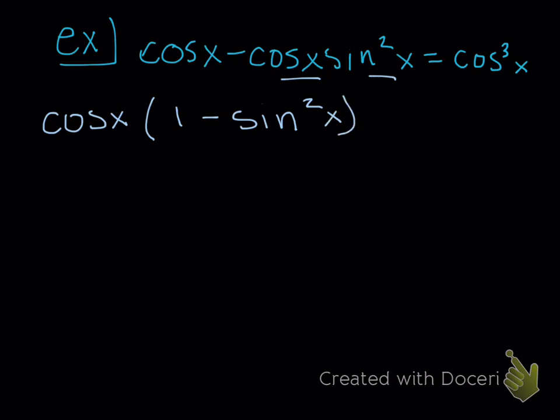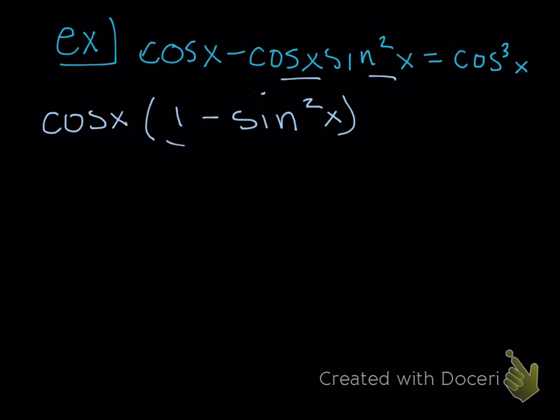And I want you to look back at the list of the identities that you copied down from the video yesterday and notice that the Pythagorean identity of sine squared plus cosine squared equals 1 can be manipulated. So when I subtract that sine squared over, and now I have 1 minus sine squared, well, that formula was left with a cosine squared on the other side.